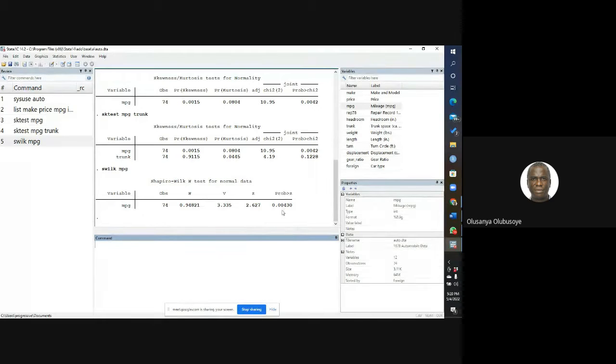Again, it is this p-value that you compare with the alpha value, which you may choose as 0.05. If you compare this p-value with that alpha value, you will see the p-value is much, much smaller, and therefore you will reject the null hypothesis.